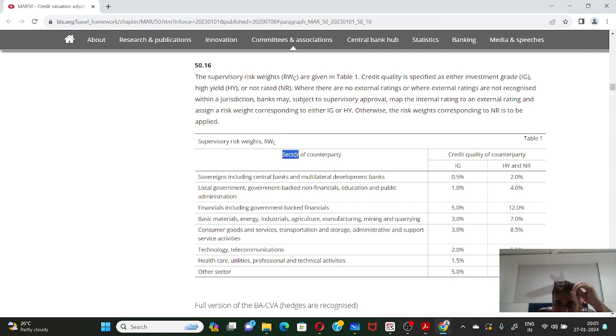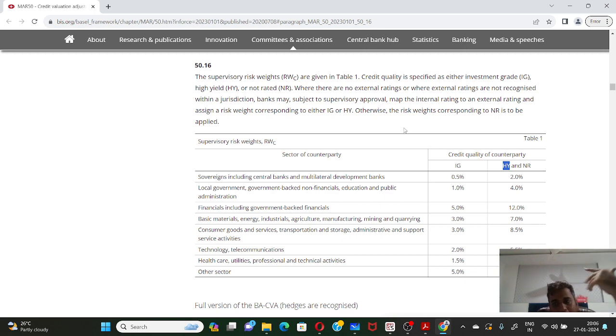If the sector of the counterparty is a sovereign, including central banks and multilateral development banks, then there is the credit quality of the counterparty. So there is investment grade, and there is high yield or non-rated. India has a certain rating, say triple B, maybe the US has a double A rating.